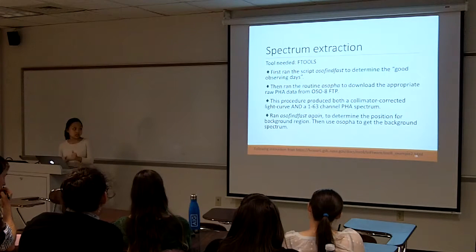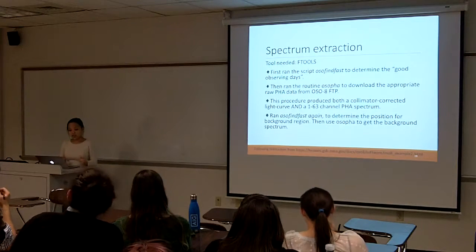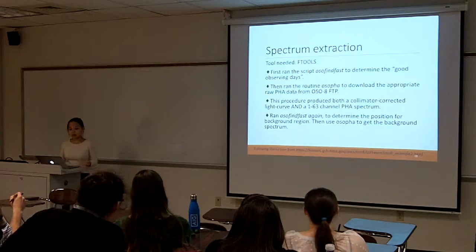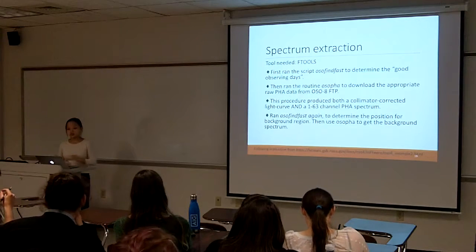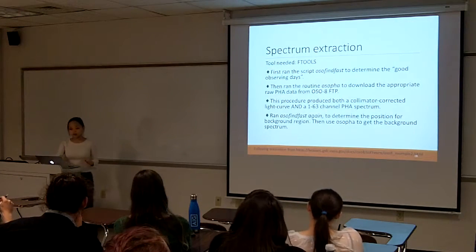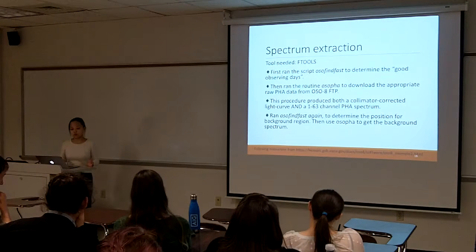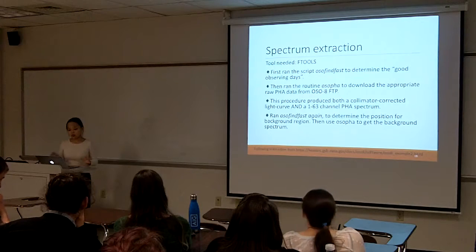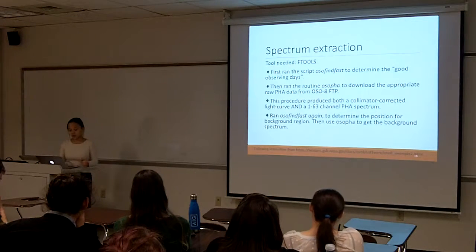This procedure will give back the light curve and a 1 to 63 panel, the raw spectrum. Then use OSO FunFast again to determine a position for a good background region, and then use OSO PJ, this command, to get the background spectrum.